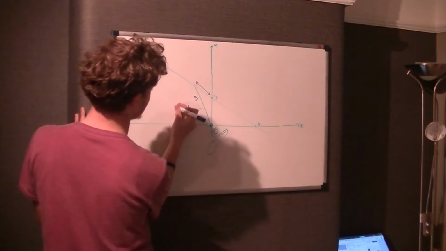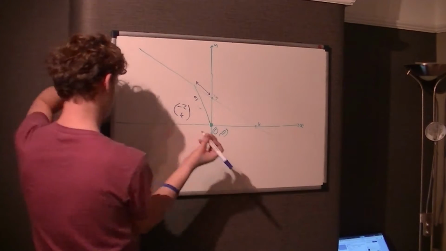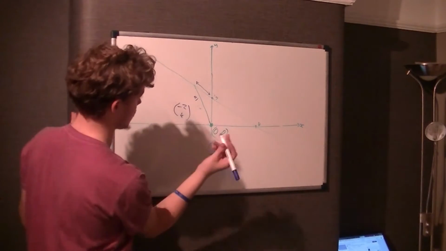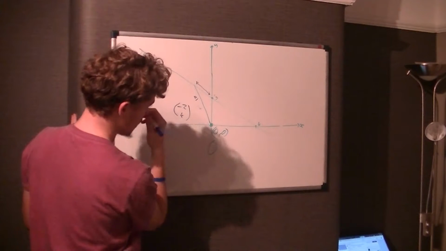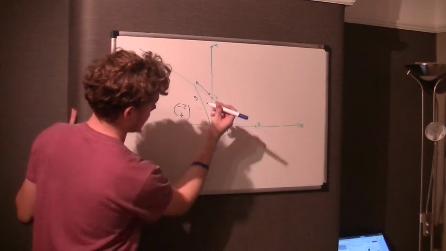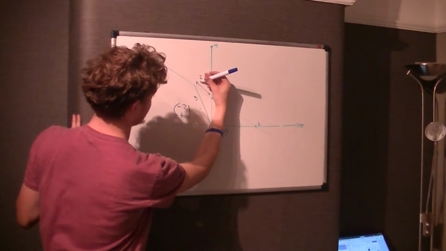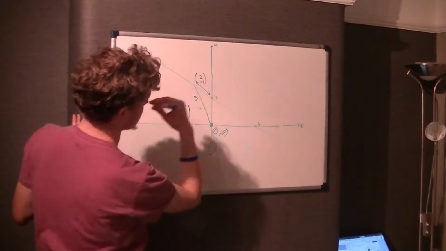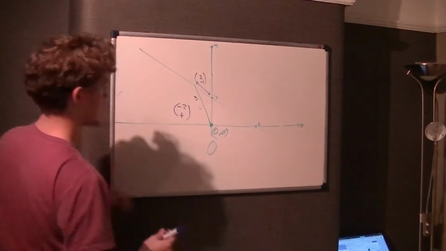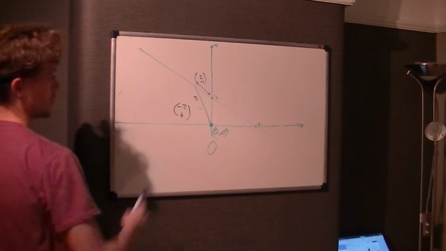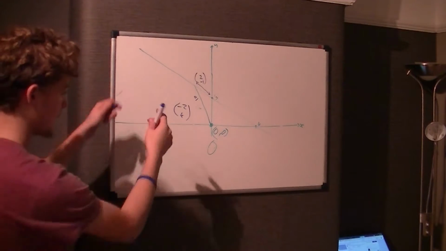So it's 2 to the left and 4 up, so you could say it's minus 2, 4 in terms of x and y coordinates. So therefore this will be 2, minus 1, because it's 2 to the right and down by 1 to get from minus 2, 4 to 3, 0. That's the vector there.